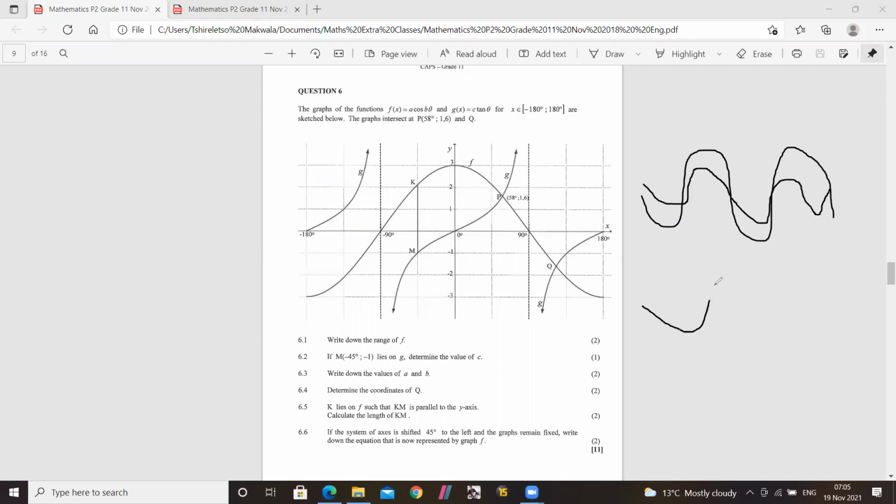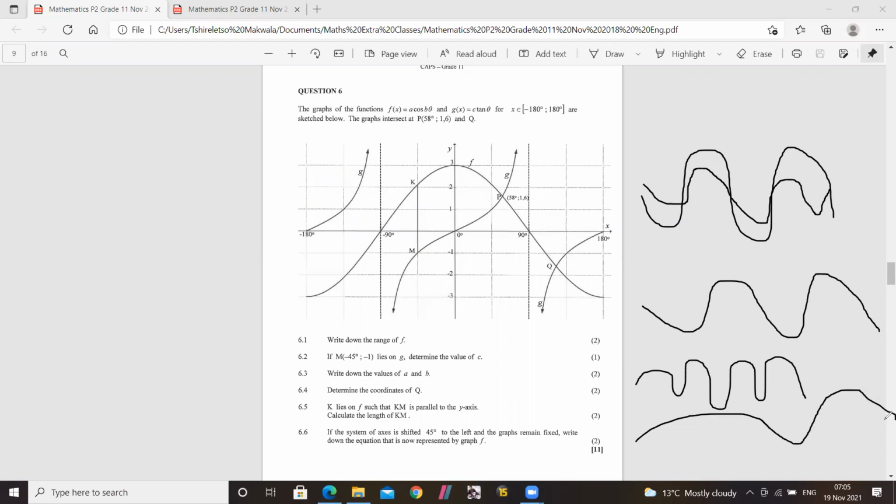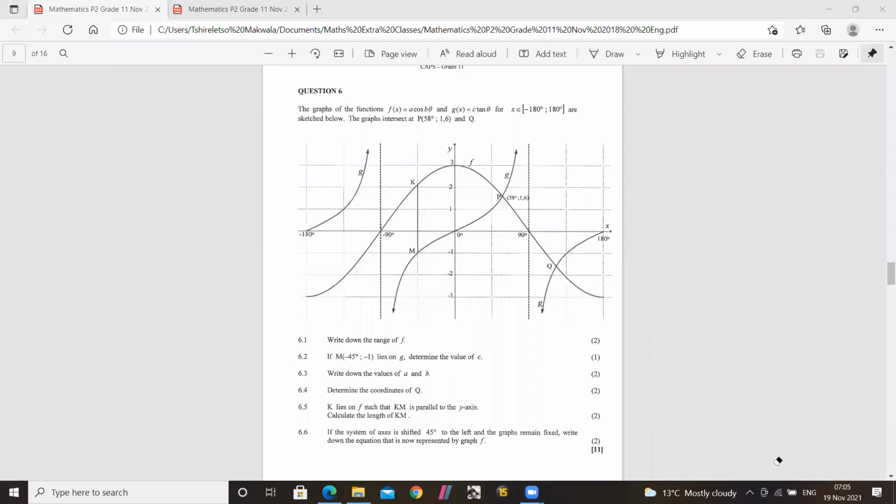So whether this graph goes like this or maybe like this, or like this, it controls the number of loops you have, this B. As you can see, they are the same for both, so which means B will remain 1. But the easiest way to check whether this B is 1 or whatever is to check here.